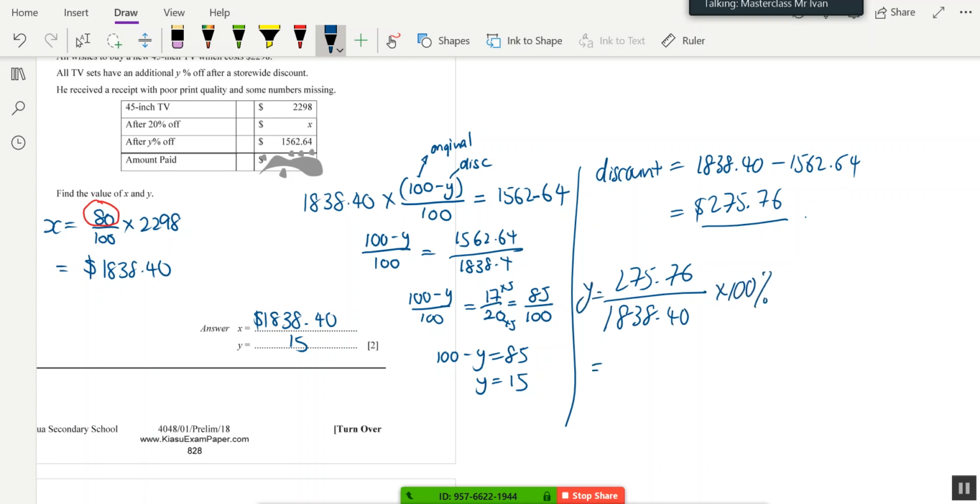Okay, you can write this one, Y equals to... Okay, you also get 15. Okay, but what I want you to know is you must always know this, 100 minus Y. Megan, you understand? Yeah.